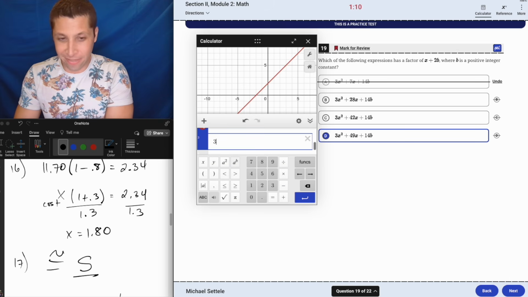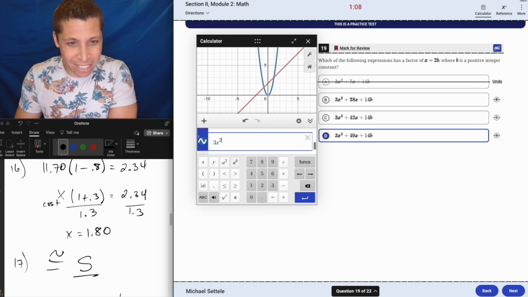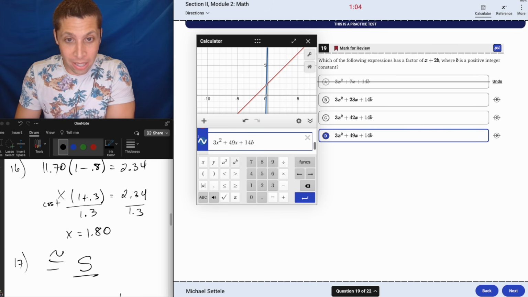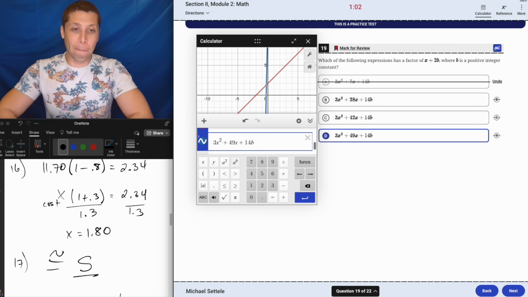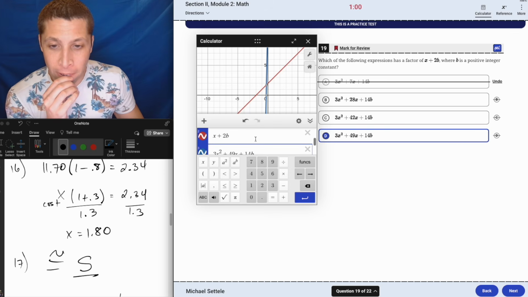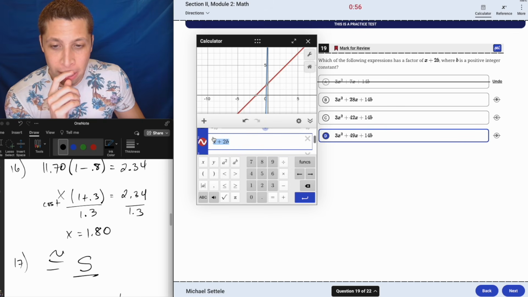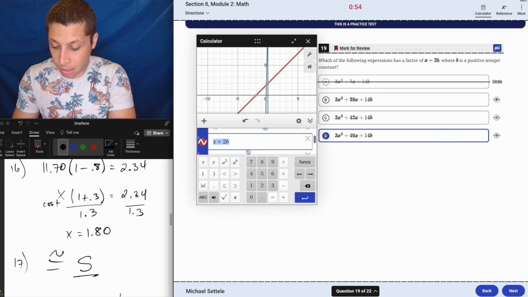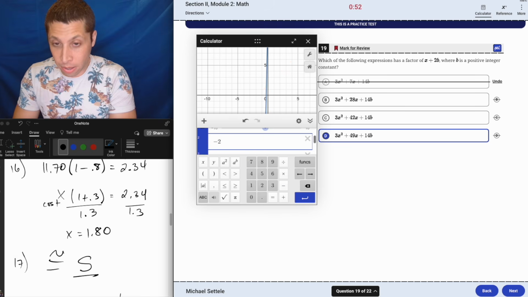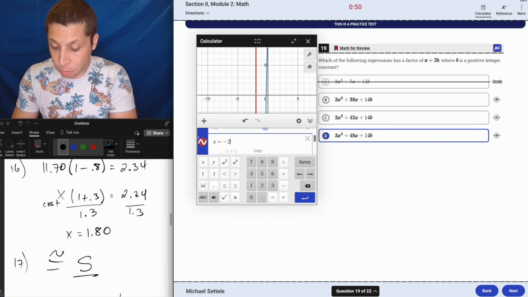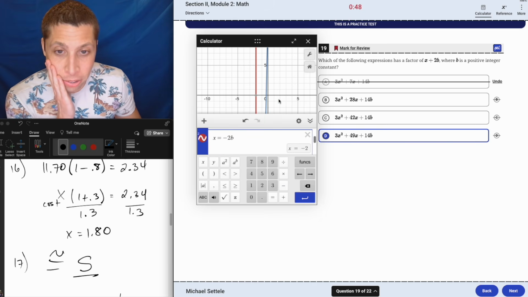And if I type, I don't even know what this is going to do, 3x squared plus 49x plus 14b. Right, so if x plus 2b is a factor, then that means negative 2b. So x equals negative 2b is an x-intercept.